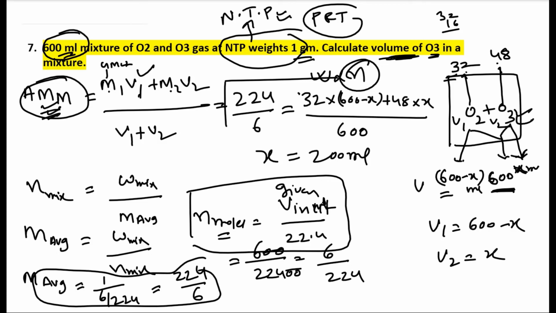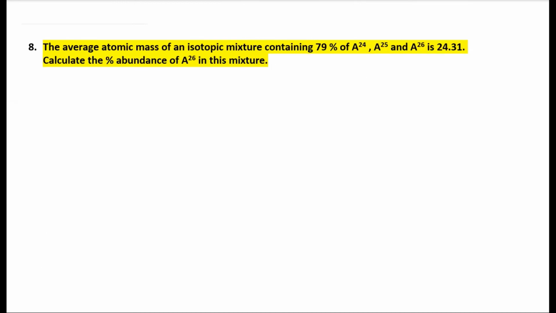Okay, so next problem. Very simple problem. I already told you this model. This is the model problem: average atomic mass for an isotopic mixture. So you know already, very simple. The element forms isotopes A24 with 79%, and this is A25, and this is A26.